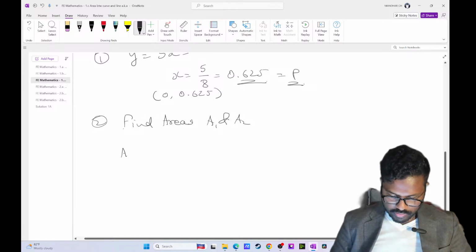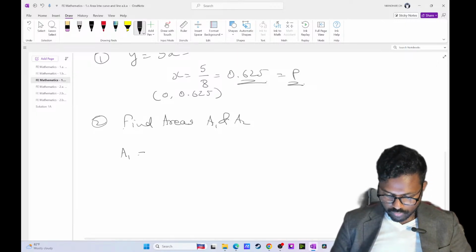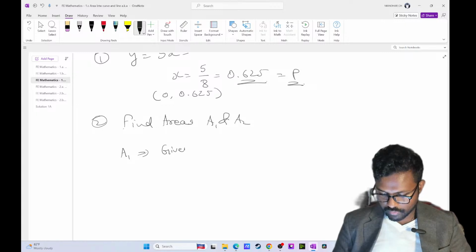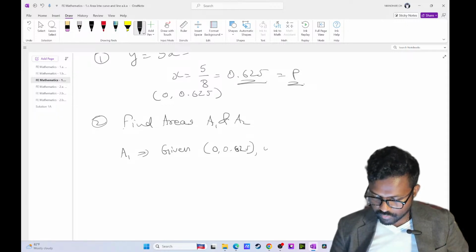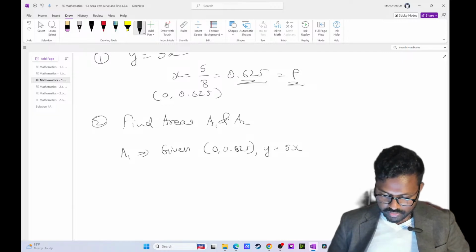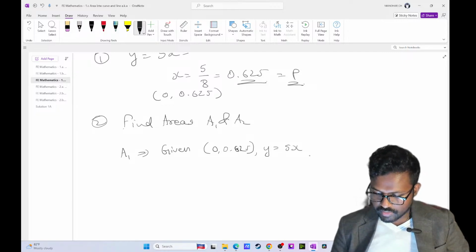So for A1, given limits are 0, comma 0.625. So these are the limits and the equation y is equal to 5x. So the integral of y is going to give us the area A1.